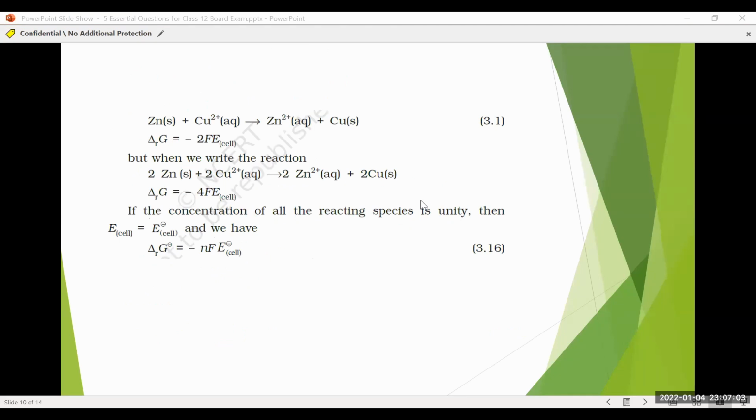Another application of the Nernst equation is to calculate the free energy change in the process of electrochemical cell. Or we can say the relation between free energy and the cell potential.